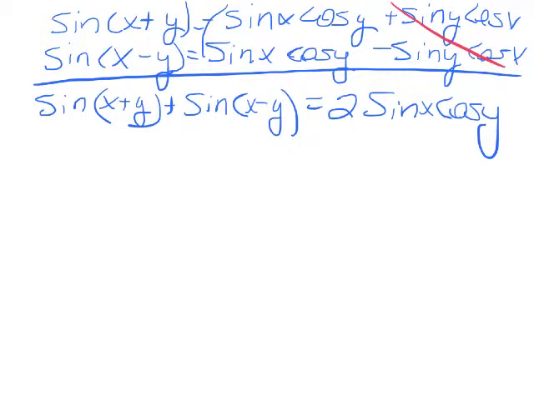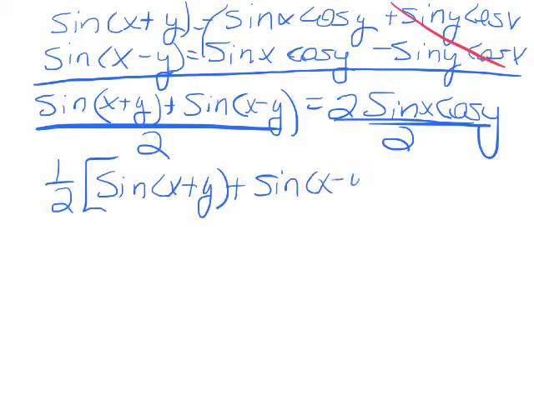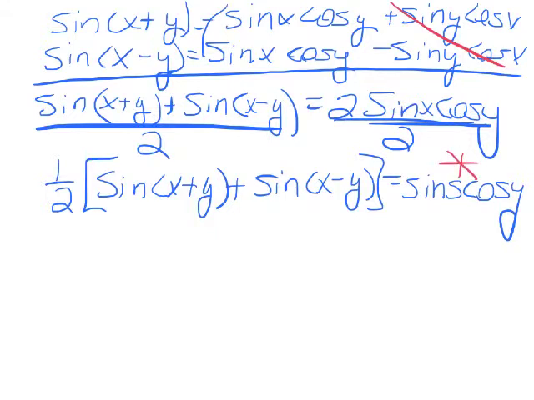Now, if we solve for sine x cosine y, we divide everything by 2. What you have is 1/2 times the sine of x plus y plus the sine of x minus y, and that's equal to sine x cosine y. There is one of your identities.